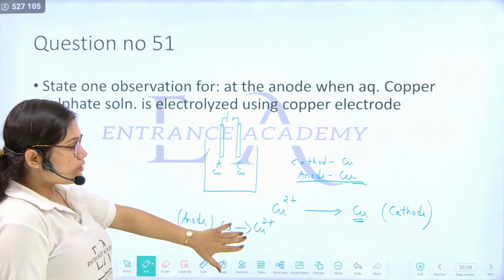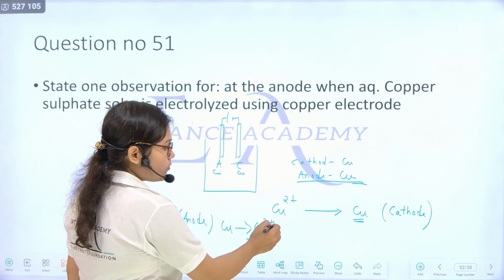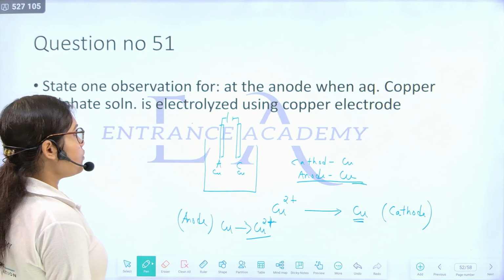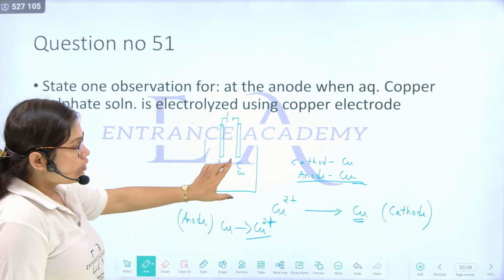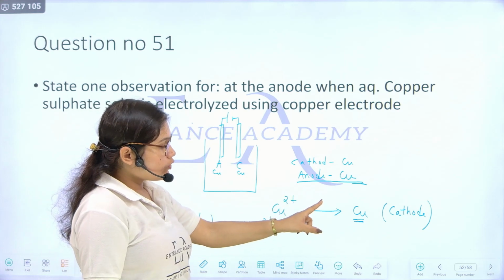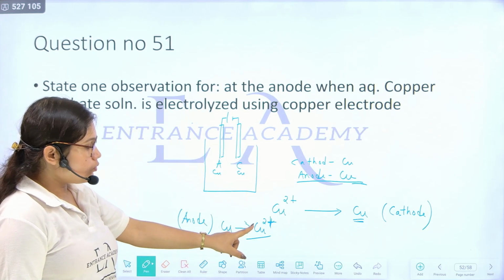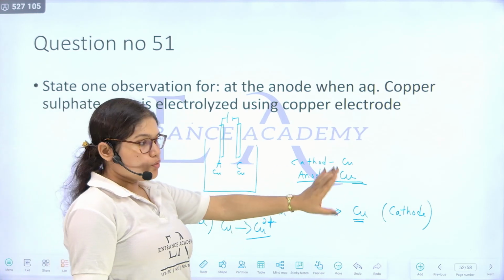So Cu2+ remains the same, with no change in color, if we use copper electrodes in both cases, cathode and anode. Cu goes to Cu2+, replacing the Cu2+ discharged at the cathode. So no change in color.